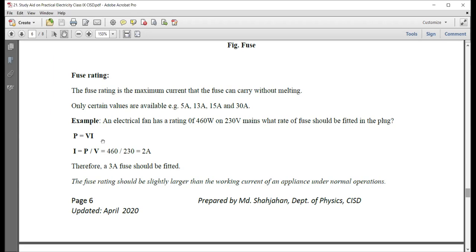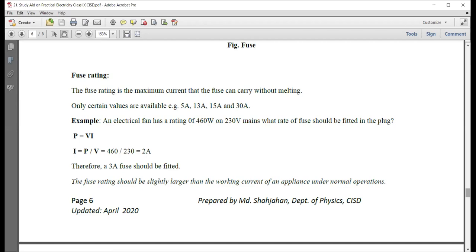P equals V into I. Our power is given, voltage is given, and we are going to find the current. So I equals P by V, 460 by 230, 2 amps. Therefore, a 3 ampere fuse should be fitted. The fuse rating should be slightly larger than the working current of an appliance under normal operation. So it's the main thing. You see, I gave this sentence in italic.